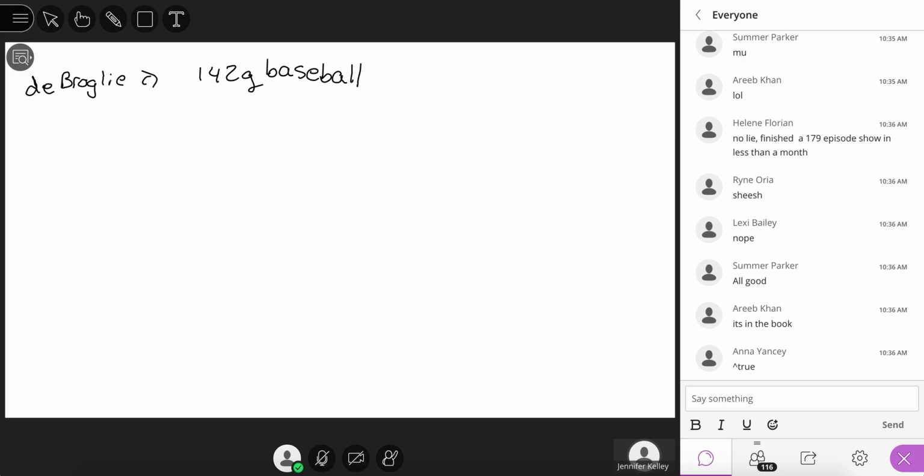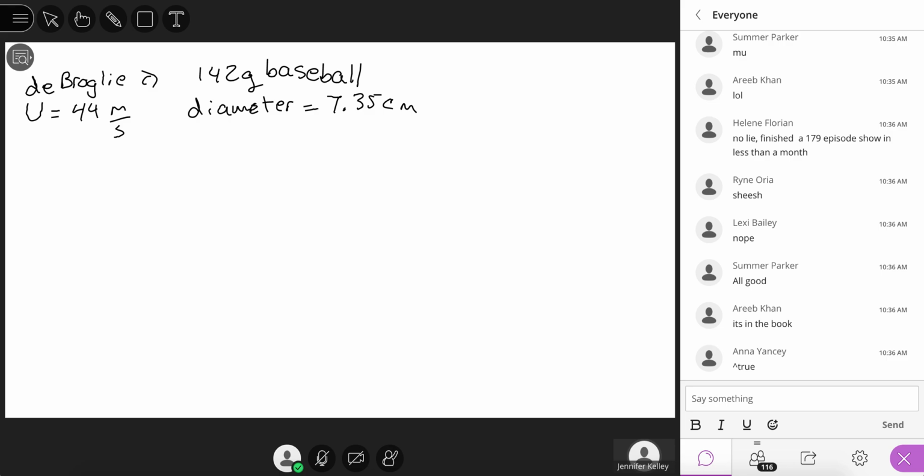They say that the velocity, which in this textbook is u, is 44 meters per second, and the ball has a diameter of 7.35 centimeters, and it wants to compare the wavelength to the diameter of the baseball.